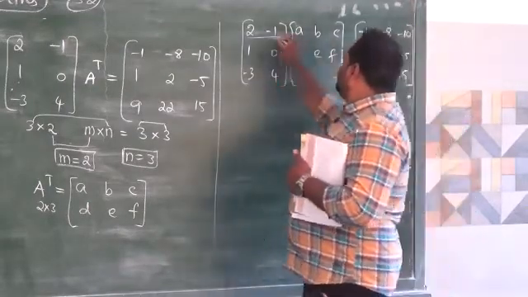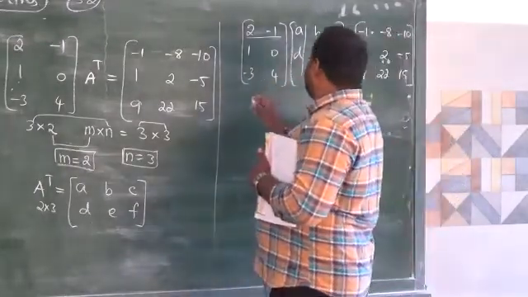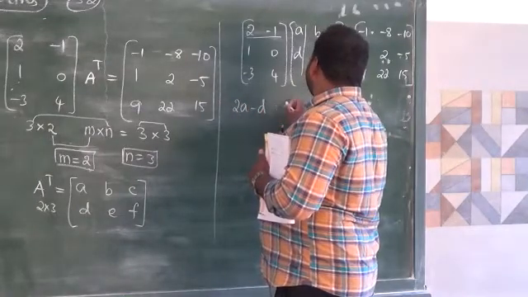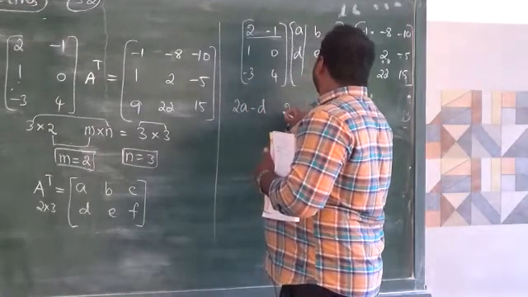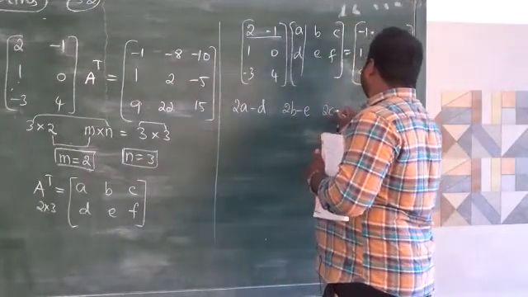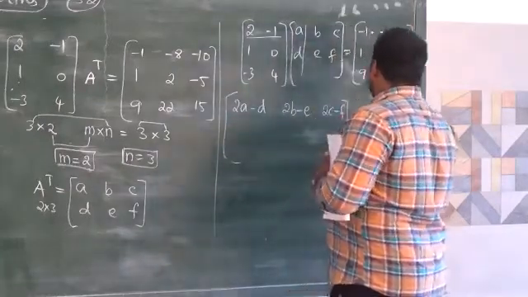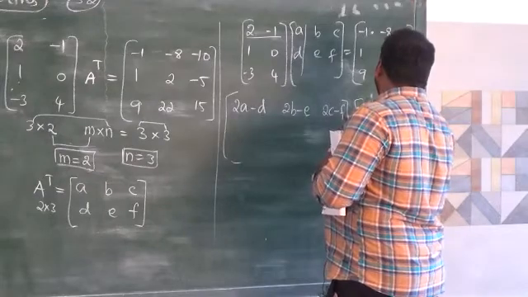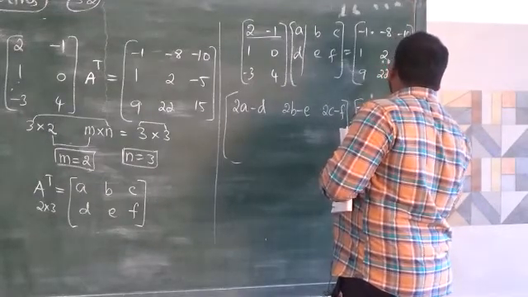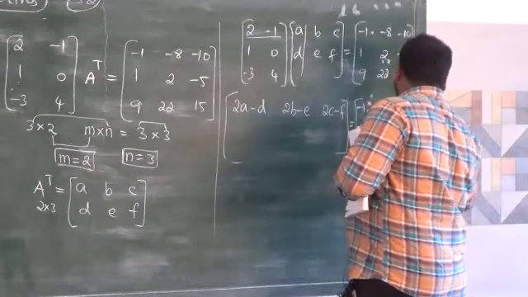Now the multiplication: we know how to multiply two matrices, row and column. First row: 2A minus D, then 2B minus E, then 2C minus F, equal to minus 1, minus 8, minus 10.